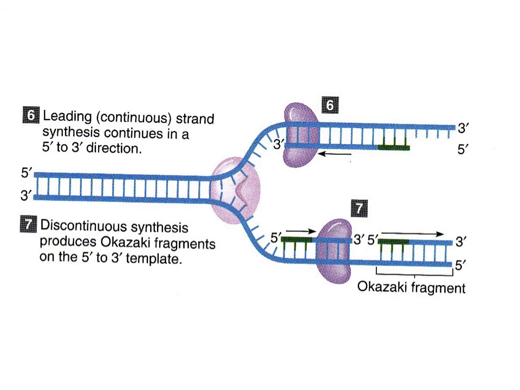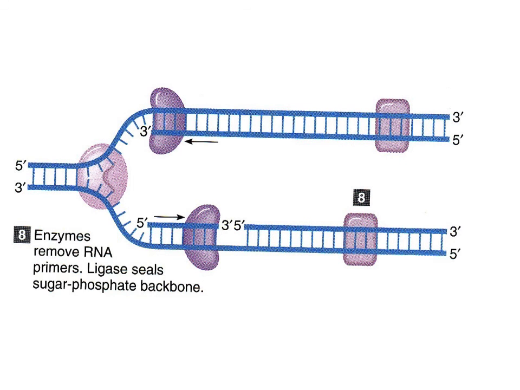The RNA primase has to come in, form the primer, and then the DNA polymerase 3 has to come in and add nucleotides, but it can only go a certain distance to a point where it hits the back end of the Okazaki fragment that had formed previously. Now it's time for DNA polymerase 1 to come in and replace the RNA nucleotides with DNA nucleotides, and for ligase to come in and fill the gaps between the Okazaki fragments.